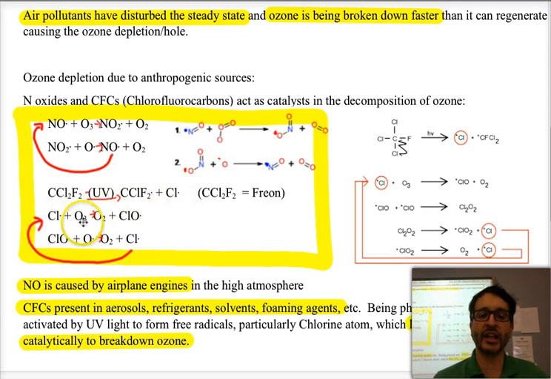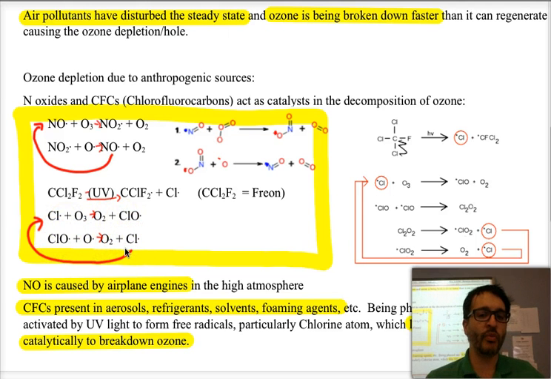The chlorine radical will react directly with the ozone to create an oxygen molecule and this chlorine monoxide radical. The chlorine monoxide radical can also, again, trap some of that atomic oxygen to create an oxygen molecule and recreate the chlorine radical that will continue depleting.